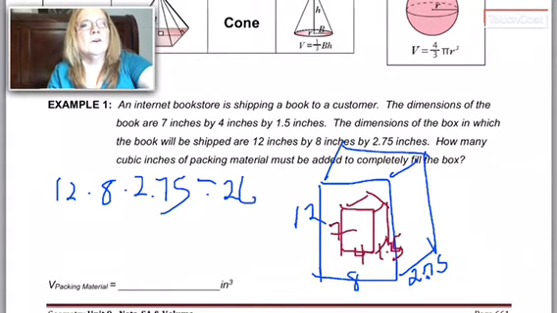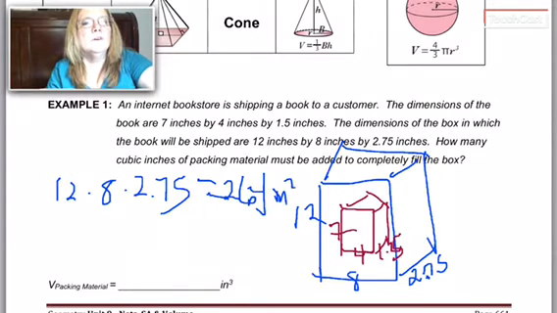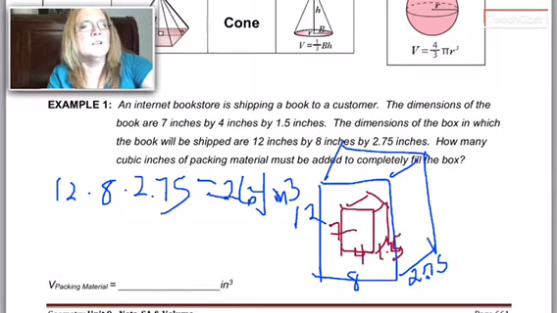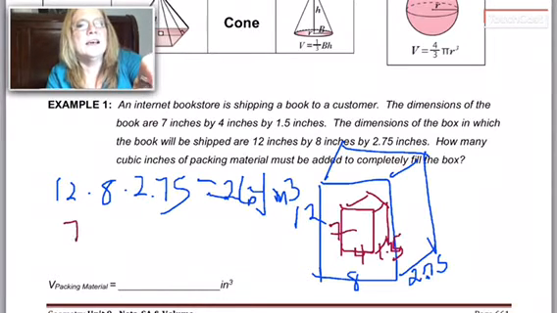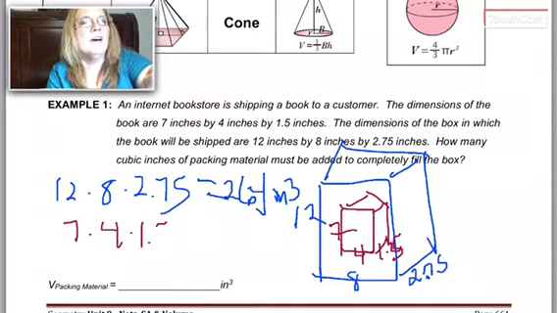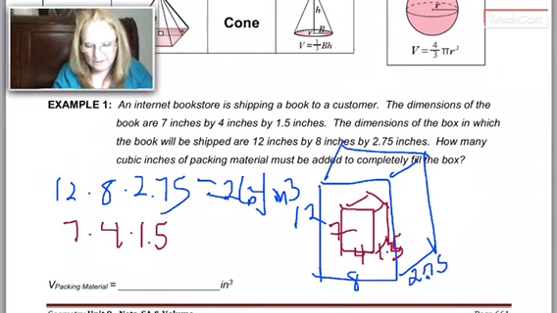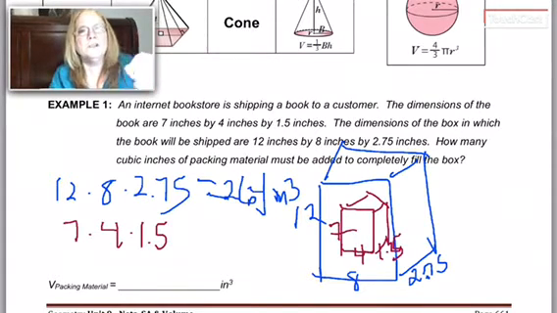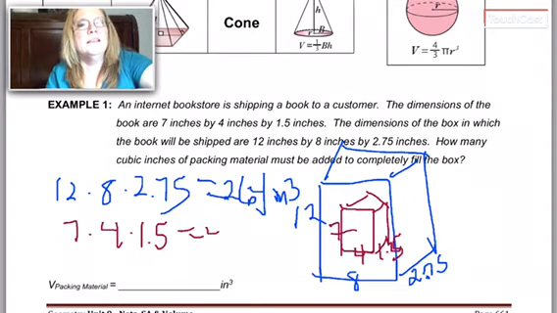And these are cubic inches. Okay, now we'll do the same thing for the actual book that's going inside. And that is 7 times 4 times 1.5. And so 7 times 4 times 1.5 is 42. And again, these are cubic inches.